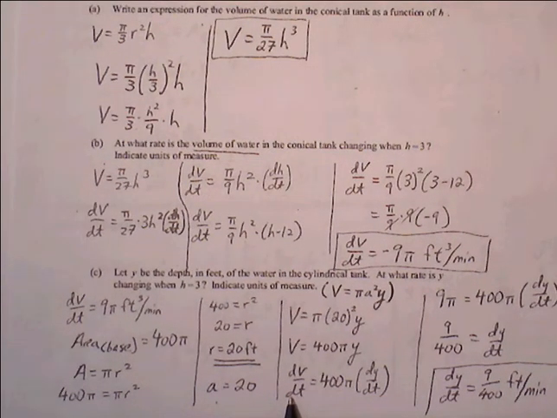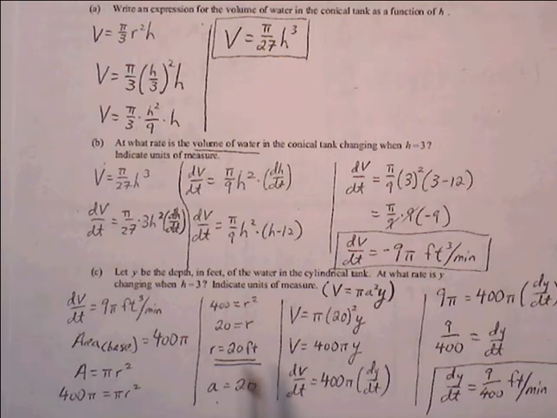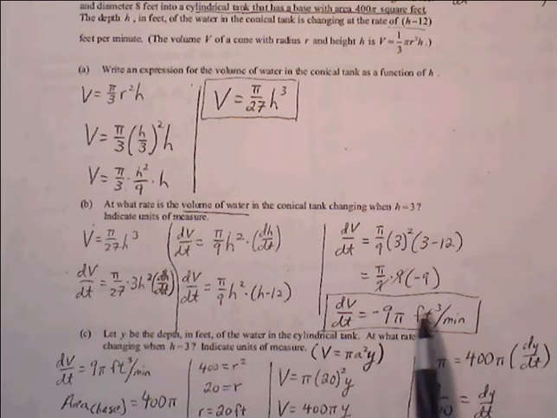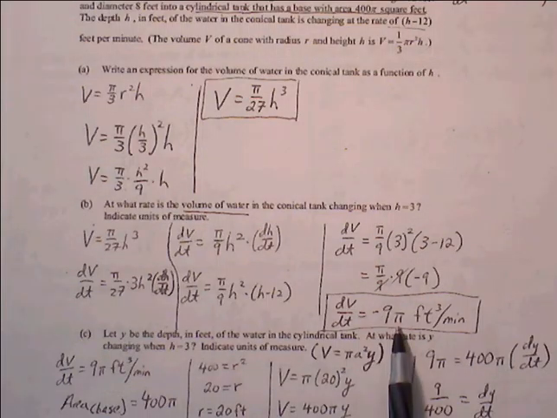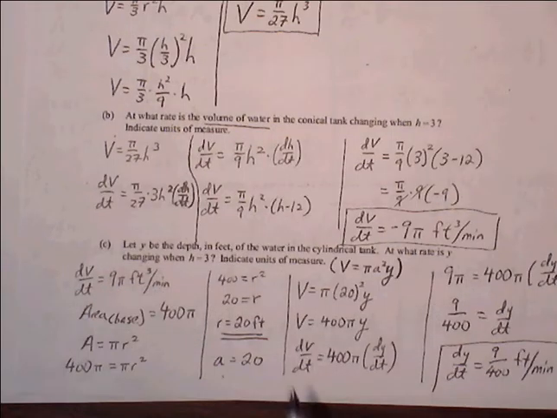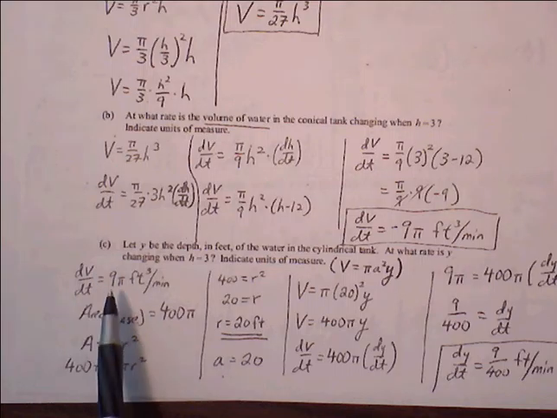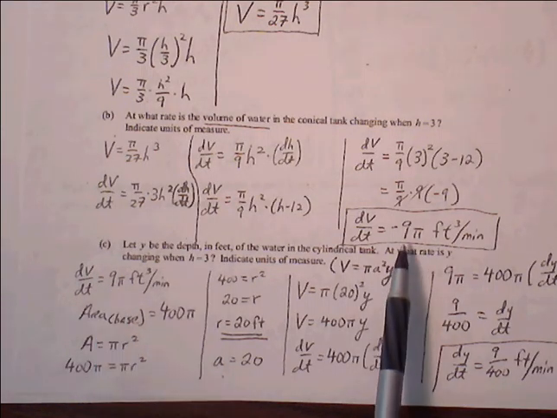We know the rate of change of the volume is going to be, it's draining out of the cone by negative 9 pi cubic feet per minute, but for the dV/dt, the rate of change for the cylinder, it's going to be a positive 9 pi cubic feet per minute, since the volume of the cylinder is increasing, whereas the volume of the cone is decreasing.